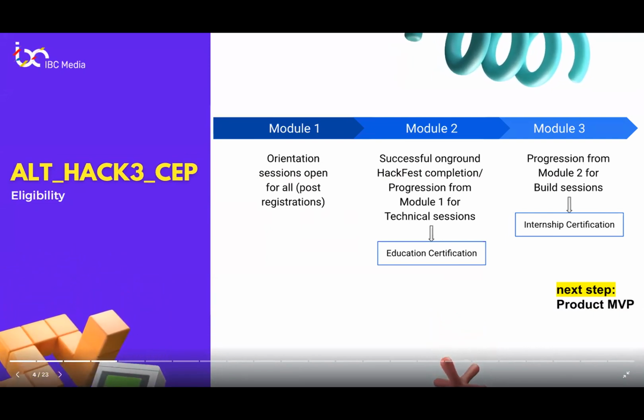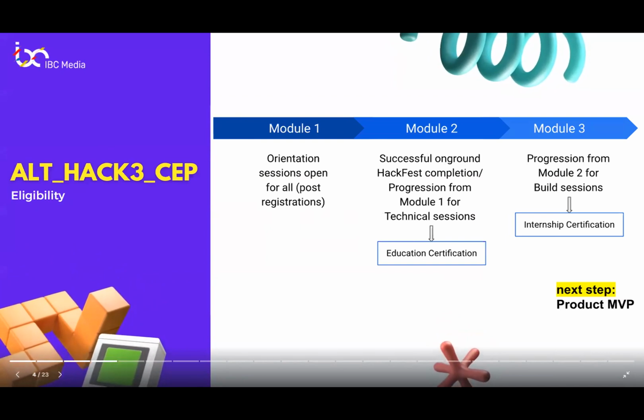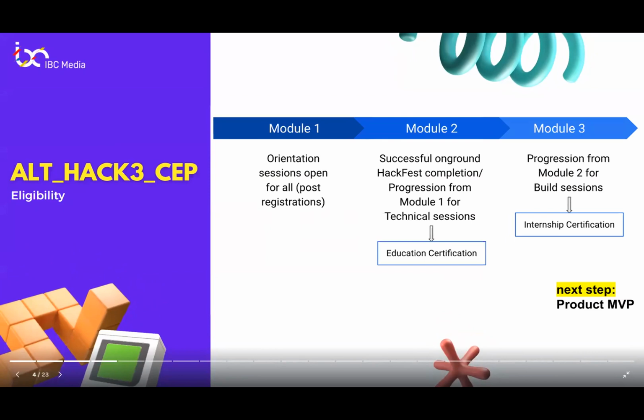We talked about these 3 modules, and a little bit on the logistics here. Module 1 is open for anybody who wants to come and transform his or her life by being introduced to this space, and who has the tenacity to work along with the modules that we cover for you.